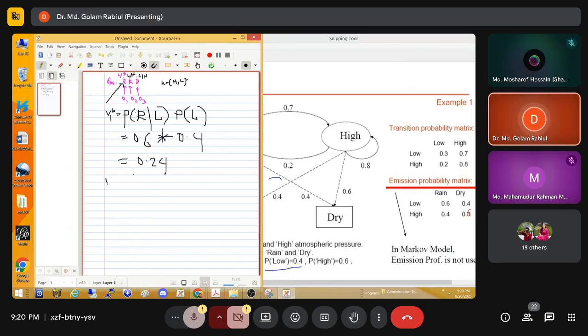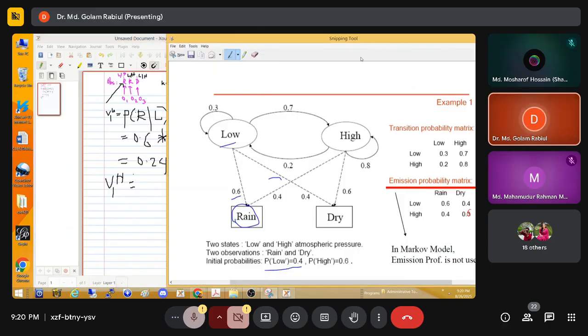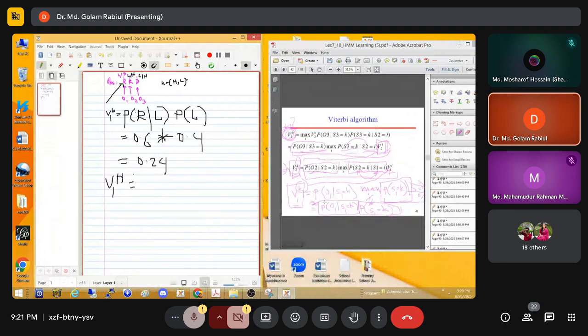We have to find out the V1 of H also, that is high atmospheric pressure, where K equal H. Then according to our algorithm, it will be the probability of observation 1, and observation 1 is R in our case, given S1 equal K. This time we have considered K equal H. So here is the probability of R given H, that is rain given high atmospheric pressure.